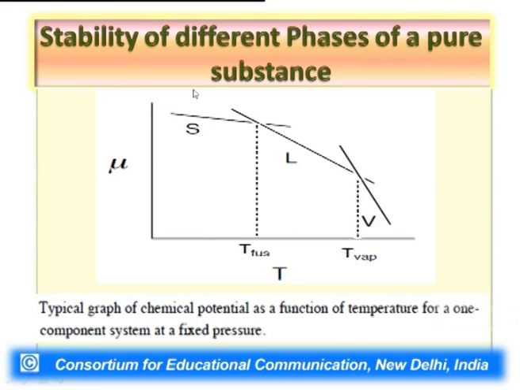The chemical potential versus temperature curve of the liquid phase, if extended like this, will represent the value of chemical potential of the substance in the liquid phase, and if we extend this vapor line, this will determine the chemical potential of the vapor phase.